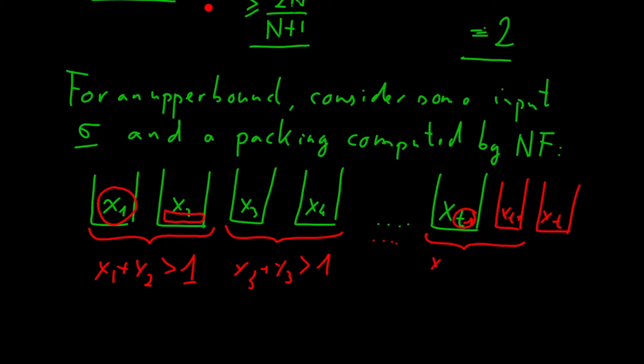So the sum of these two, x_{t-2} plus x_{t-1}, is again at least 1, and there is one missing element.